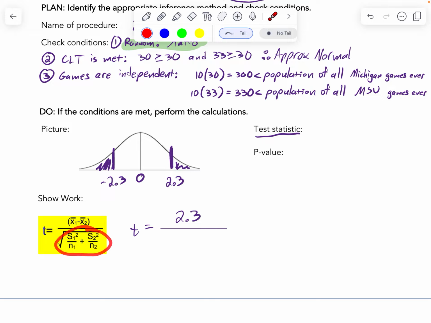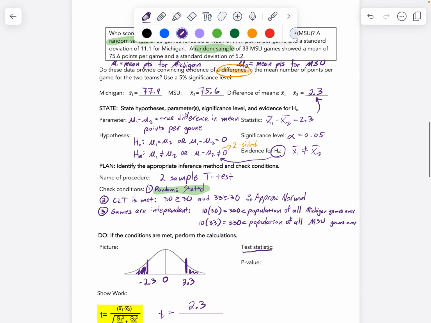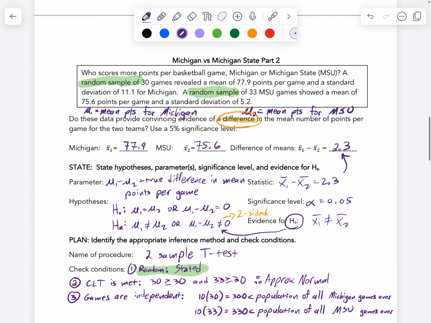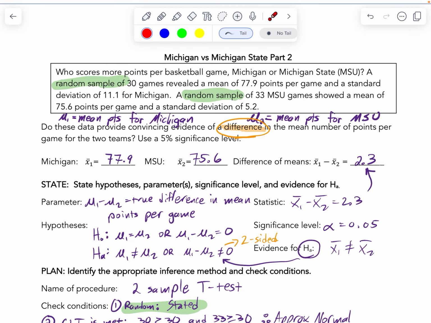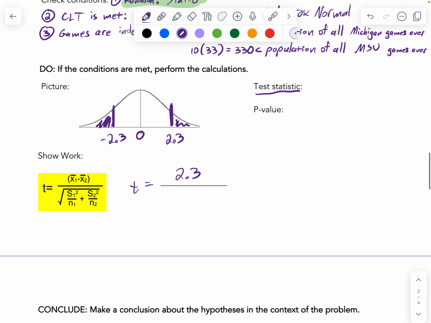And then the denominator, again, that was there for the interval at the beginning. This is the standard error, the combined standard error of Michigan and Michigan State, which was, I need their standard deviations. Michigan's was 11.1 and 5.2 for Michigan State.